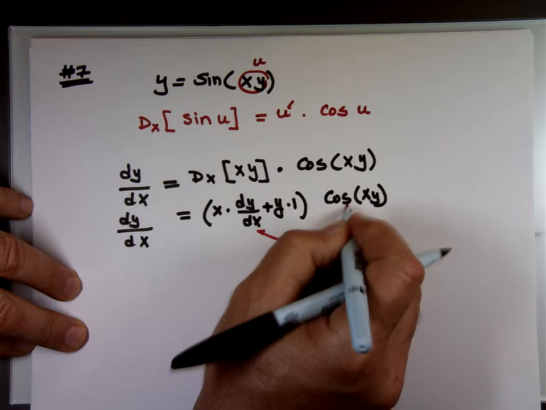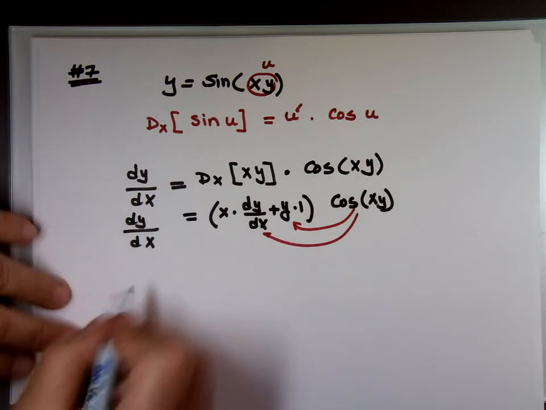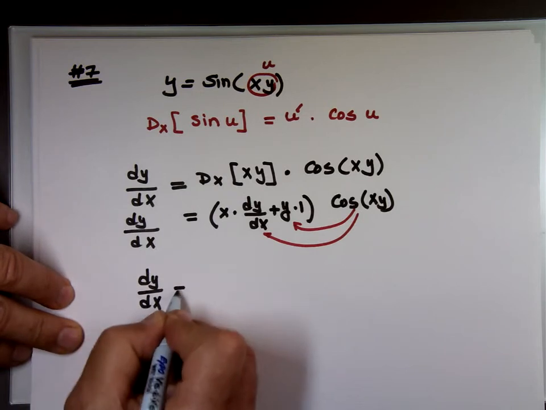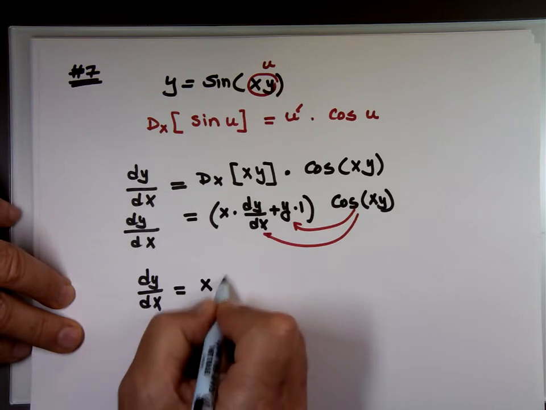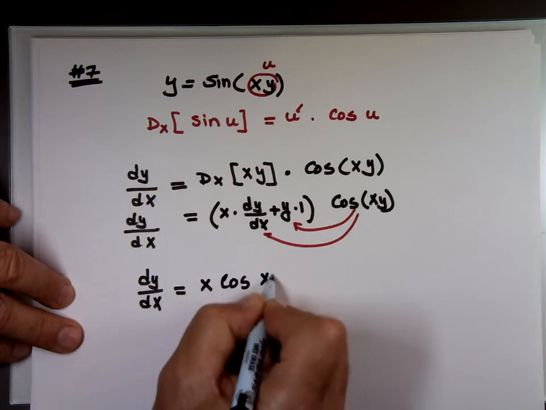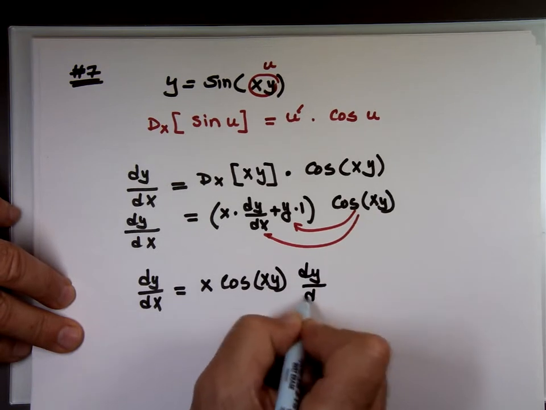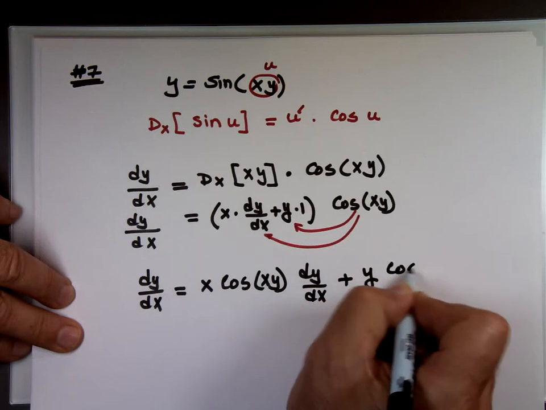Distribute that. dy dx equals x cosine xy times dy dx plus y times cosine xy.